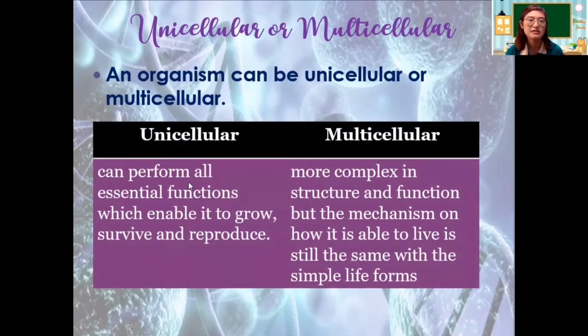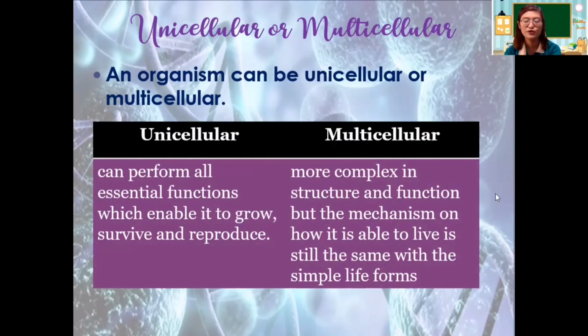It is the most basic type of organism, such as bacteria. Multicellular organisms, such as us humans, are more complex in structure and function, but the mechanism of how they live is still the same as the simple life forms. Those are the differences between the 2.